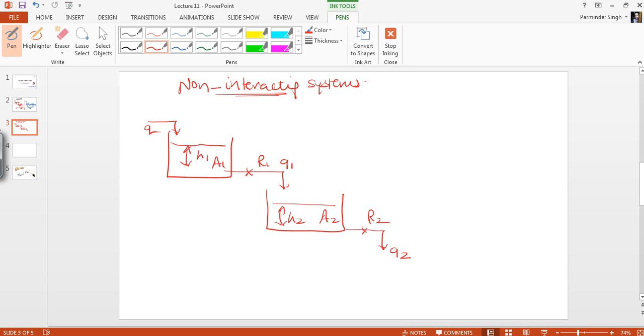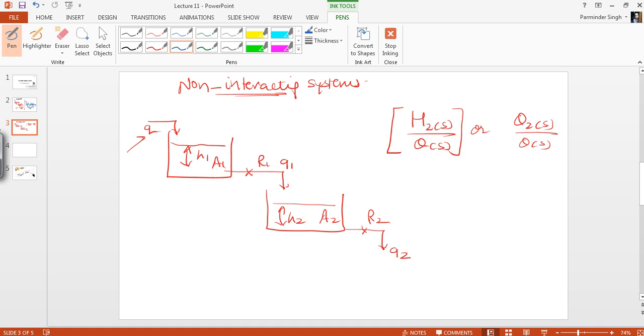Now what we're going to do is determine H2(s)/Q(s), that means the height in tank 2 with change in Q. If there is any disturbance in Q, how does the height in tank 2 get affected? That is what we're going to determine. Or we're going to find Q2(s)/Q(s), that is, how the outlet flow rate of the second tank is affected when there is a change in the input.